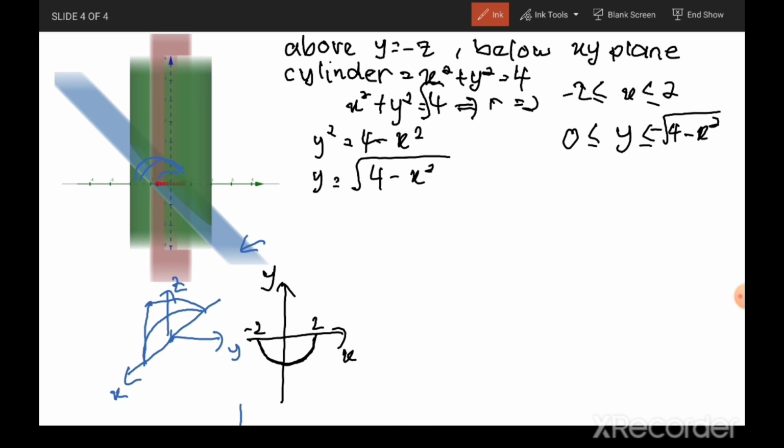And because the circle is below the xy plane, we use a negative: negative square root of 4 minus x square. It is similar if you use the vertical technique.